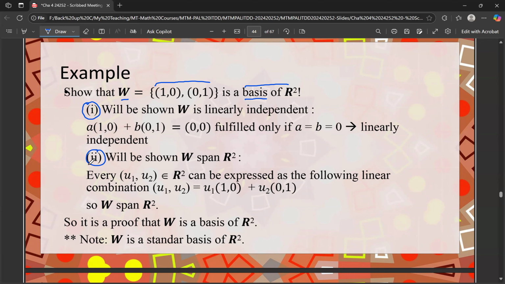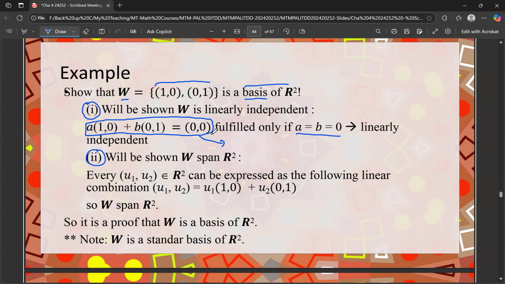We must show that W spans R2. For linear independence, we make a linear combination and equalize it to zero. These are easy vectors because they contain only 1, 0, 0, 1, which makes it easier to find the solution.